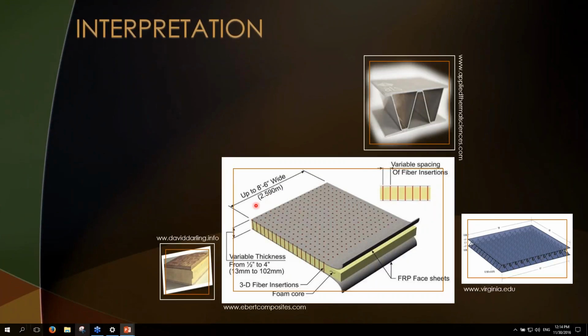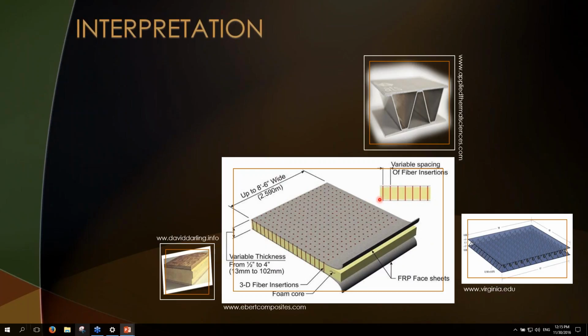To give you a better idea of what interpretation means, consider a wall panel. That wall panel could be a SIP panel, it could be a composite light gauge steel panel, any form of composite panel as a wall.